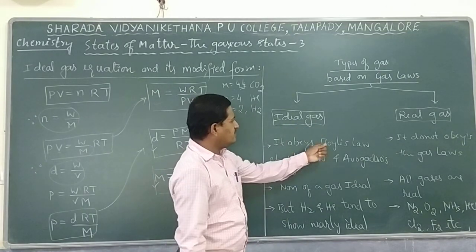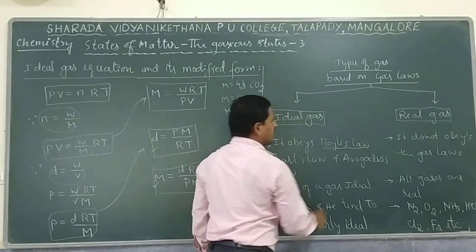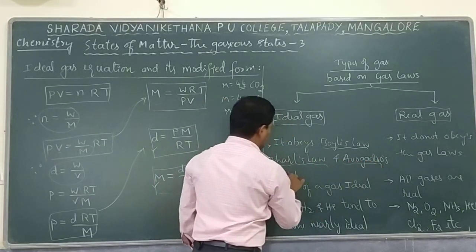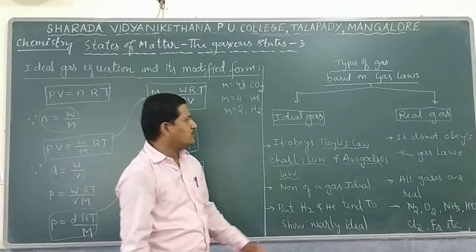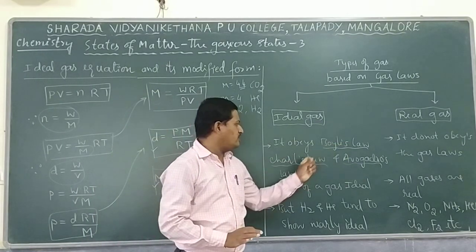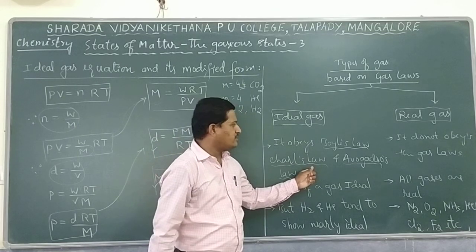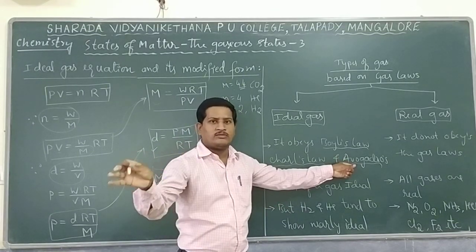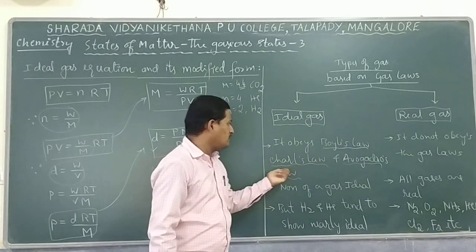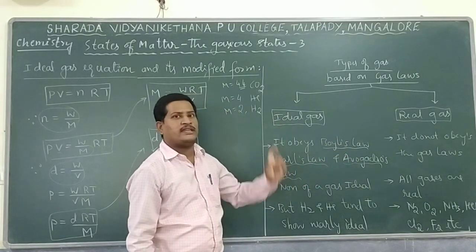An ideal gas is one that should obey almost all gas laws, basically Boyle's law, Charles's law, and Avogadro's law. If a gas shows Boyle's law, that is volume inversely proportional to pressure, and Charles's law, volume directly proportional to temperature, and Avogadro's law, volume directly proportional to number of gas molecules, then such a gas is nothing but an ideal gas.